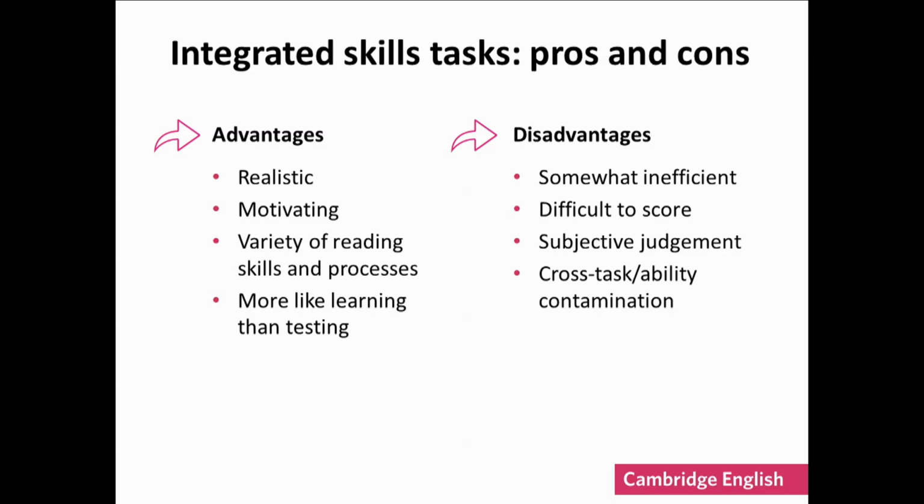For example, you need to understand detail, main points, gist and implication, and comprehend across sentences and the entire text in order to be able to summarise or discuss what was read. The task feels like an integral part of learning and can be used in class.